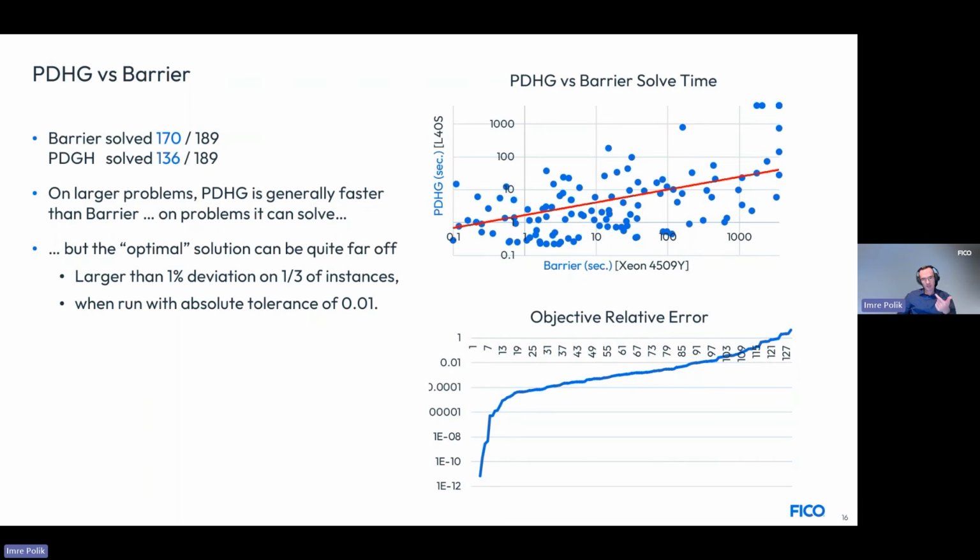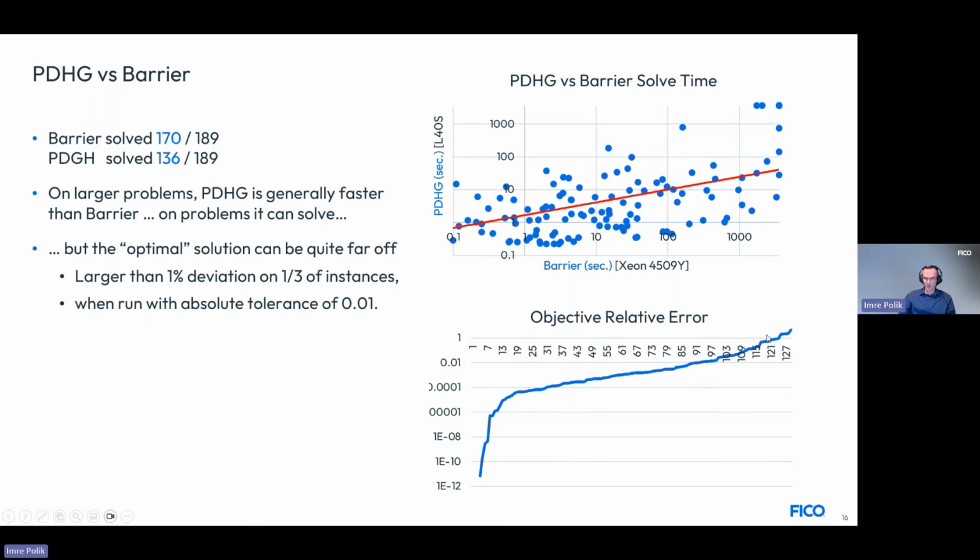This is because the dual errors are actually multiplied by the primal bounds to get the duality gap. So if you have larger dual errors and large primal bounds, then you can have a large deviation in objective value. The same is true for large primal violation and objective coefficients.